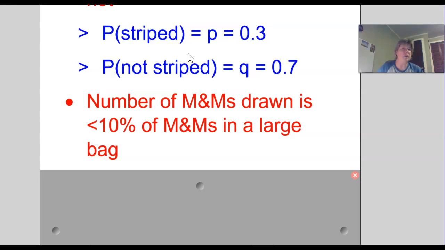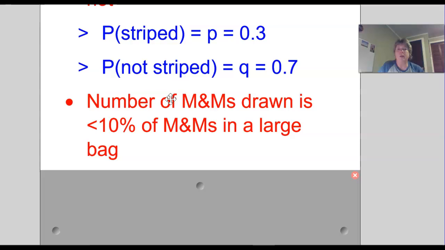I'm going to tack another check onto this, because when we start doing hypothesis testing, this is something you're always going to have to check. So basically what's happening in this next piece is that, in order for this 30% of striped M&Ms to apply to the bag of M&Ms that we have, we have to operate on the assumption that the bag of M&Ms we have is representative of all the M&Ms they make. Because if our bag of M&Ms is not representative of all of the M&Ms, then I can't apply that 30% probability of getting a striped one to the bag I have.